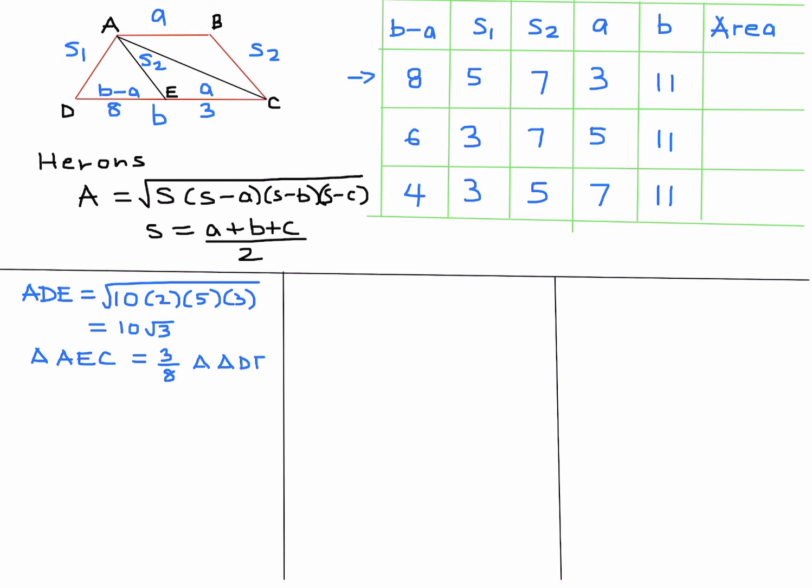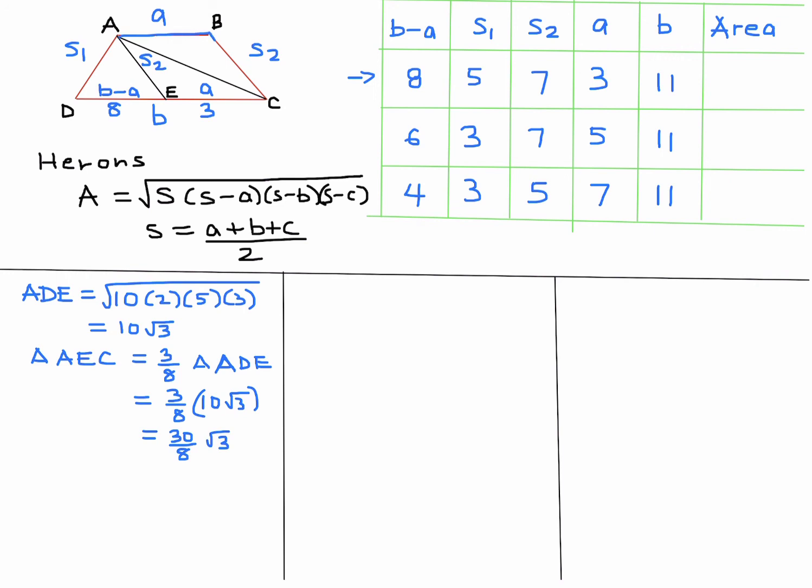And that's because they share the same height. And that's why you can have that conclusion. So that means that the area of ADE is what I will place right here, and then multiply it by 3/8. And when you do, you get 30/8 root 3.